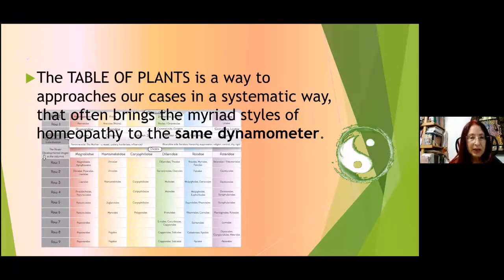We are using this order just like we use the order of minerals, to understand and put things in groups, so it will be easier for us to approach our materia medica. So the table of plants is not a system. It is an approach to our cases which can be used with whatever system you use in your practice.